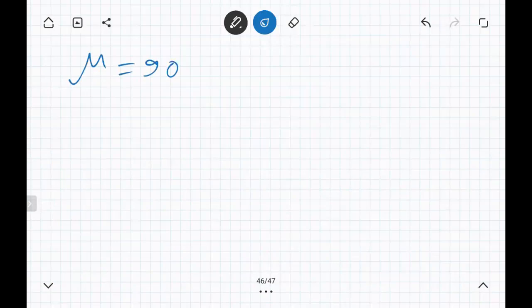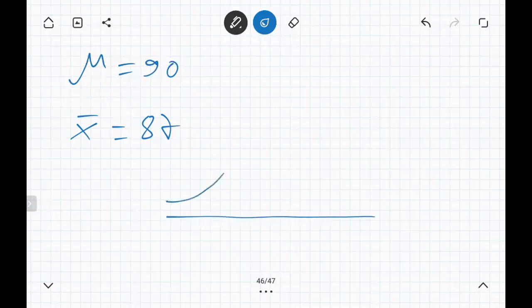So that 87 that I got is not because the grades really dropped, but because it's the sampling error.